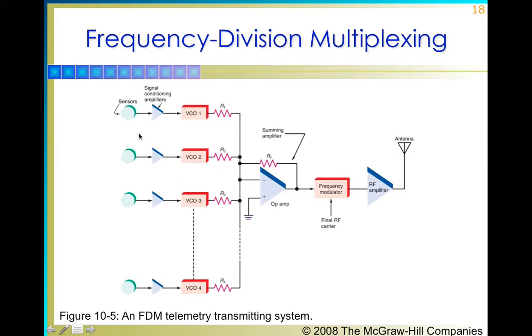Then all these oscillations are summed over here in an operational amplifier, which sends the composite signal of all these multiplexed signals after summation to the frequency modulator, which modulates the composite signal with an RF frequency oscillation. The resulting signal is then further amplified and sent to the antenna, from where the electronic signal is transformed into an electromagnetic wave.